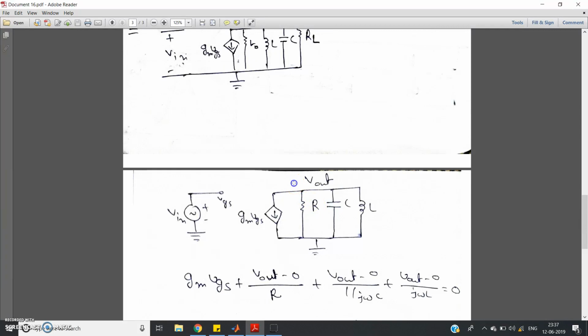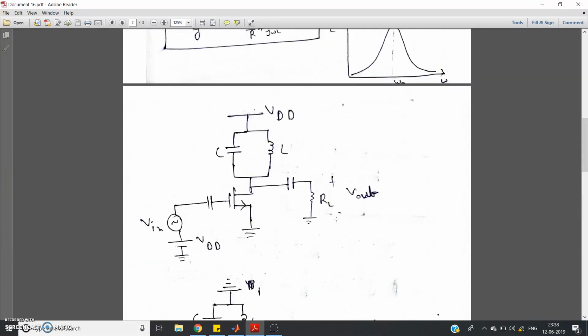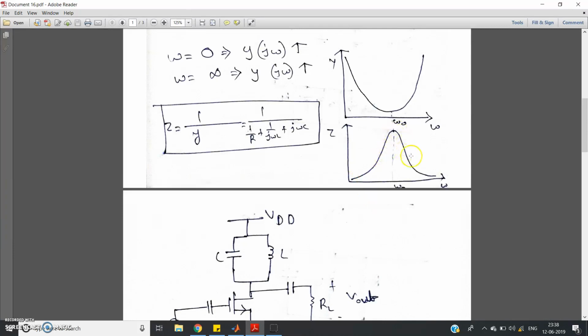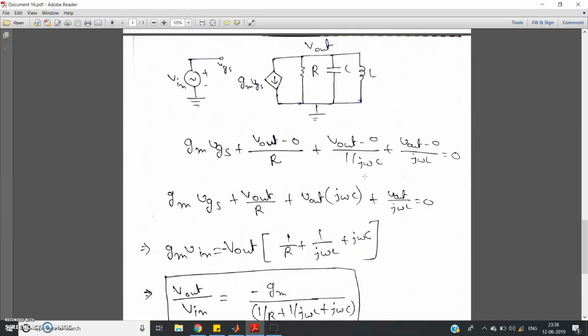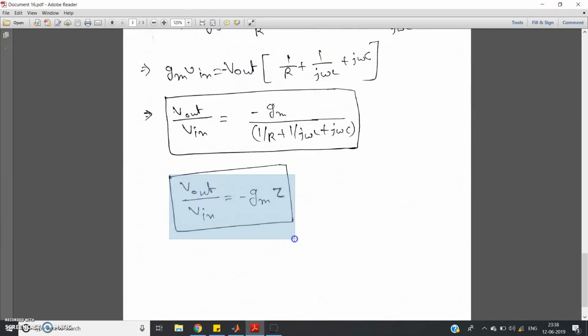And observe this particular circuit. This is nothing but a parallel resonant circuit whose impedance versus frequency curve we already studied, looking like this. We have derived that for this circuit the voltage gain is proportional to the impedance.